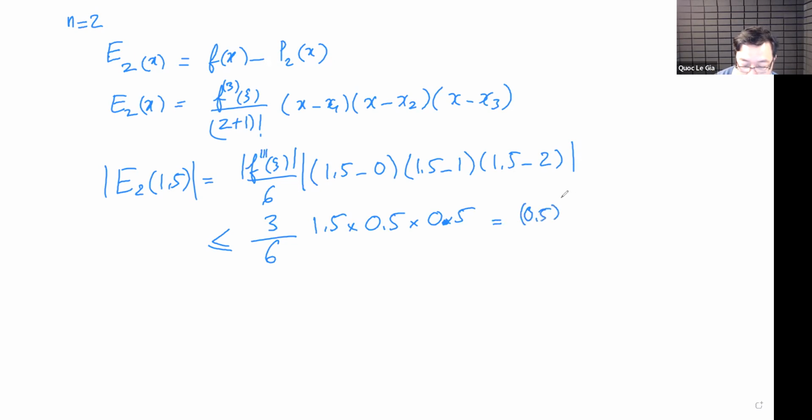0.5 cubed multiplied by 1.5 is something. Okay, so dot dot dot, it means that you have to put in the number here. Okay, so that is a simple application of the theorem. So now we go back to the slide.